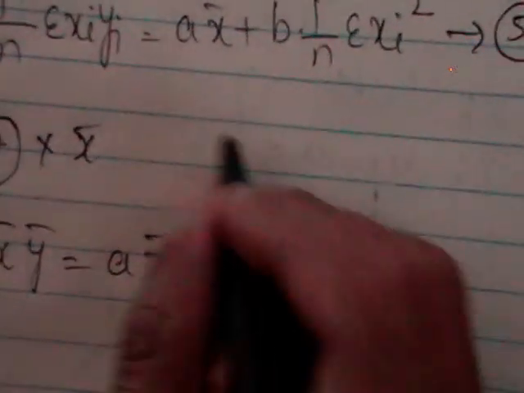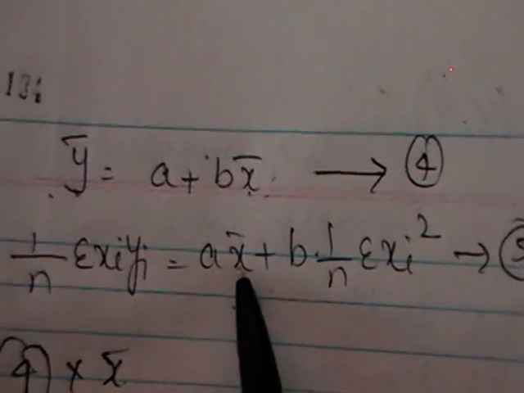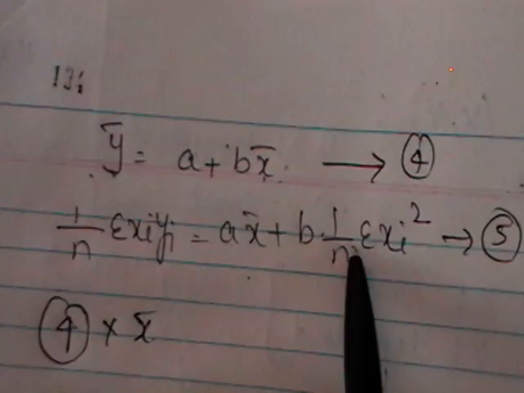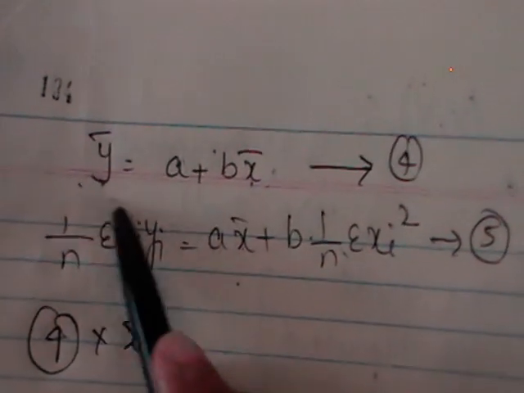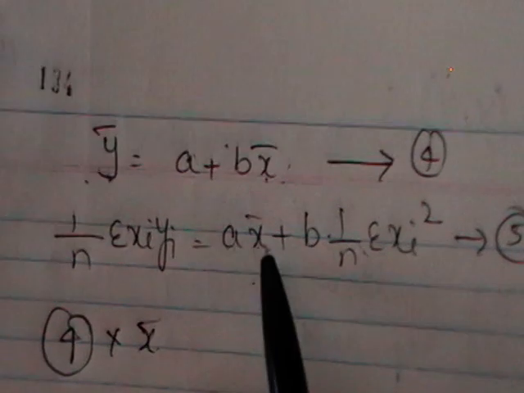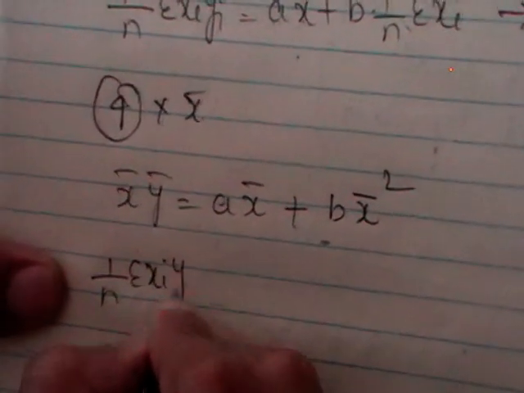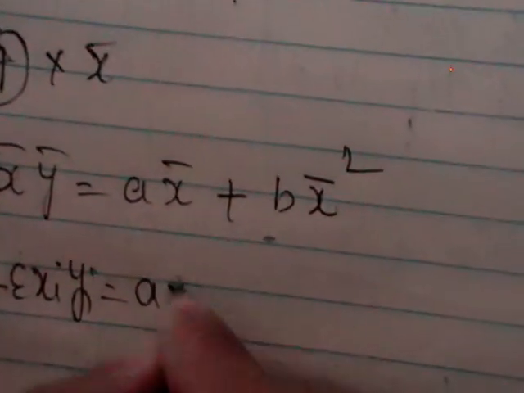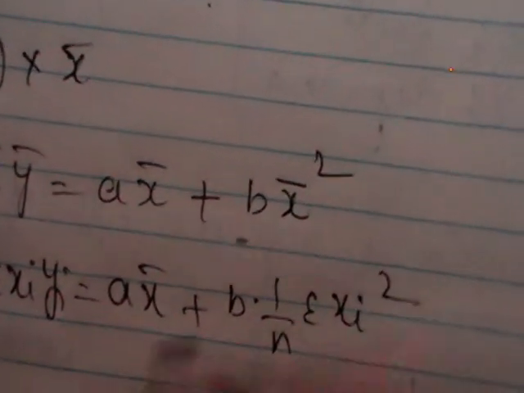Why multiply? To solve these two equations by the elimination method, the coefficient of a or b should be the same. Here you have the coefficient of a as x bar. So let us multiply equation 4 with x bar, so that while subtracting, these two cancel. 1 by n sigma xi yi is equal to a x bar plus b into 1 by n sigma xi square.